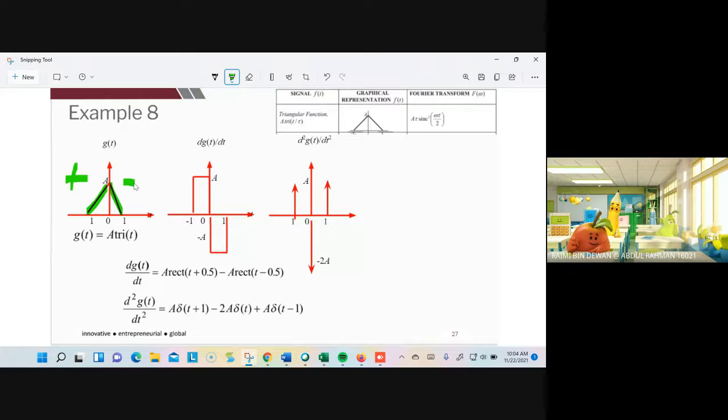You know this, right? This is just like your first gradient, y = mx + c. So for this part, what is the equation?